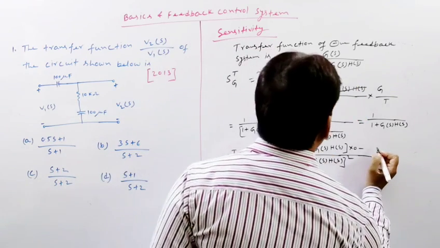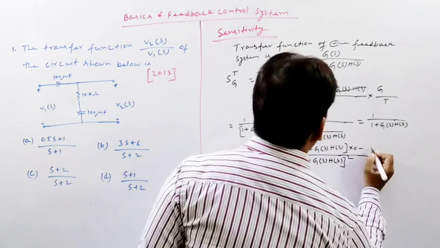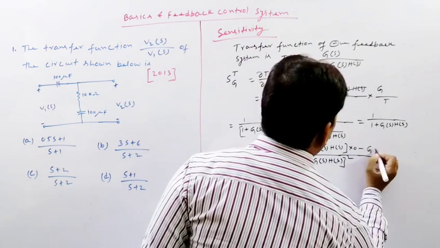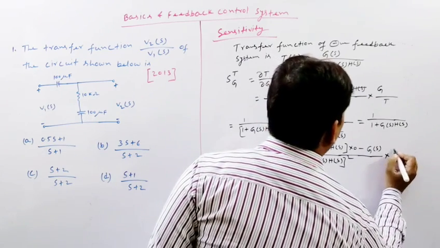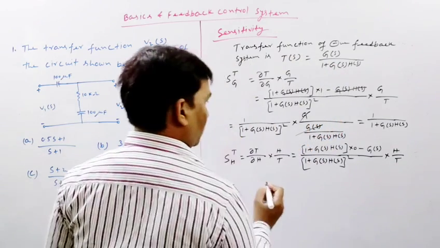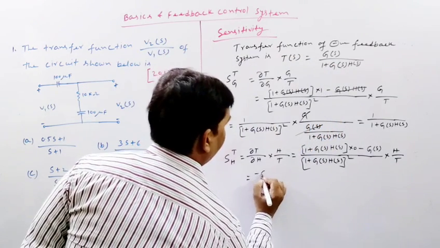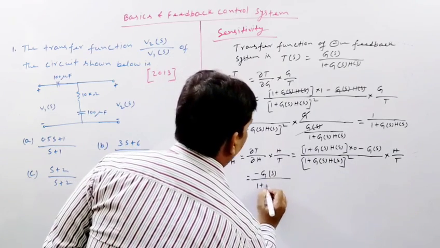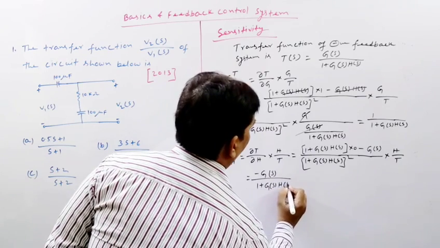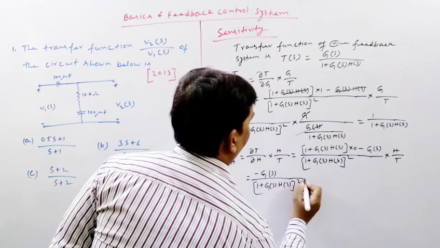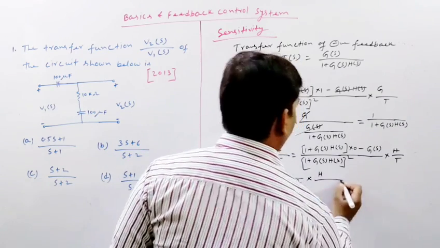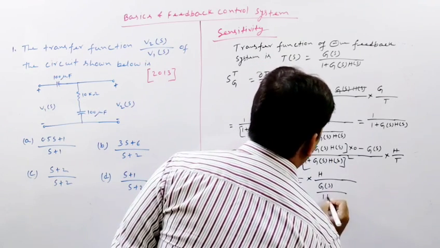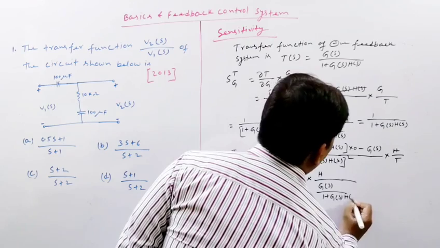Now we are differentiating with respect to H, so it will be G(s) multiplied by H by T. So we get G(s) divided by (1 + G(s)H(s)) whole square, multiplied by H divided by T, and T is nothing but G(s) divided by 1 + G(s)H(s).